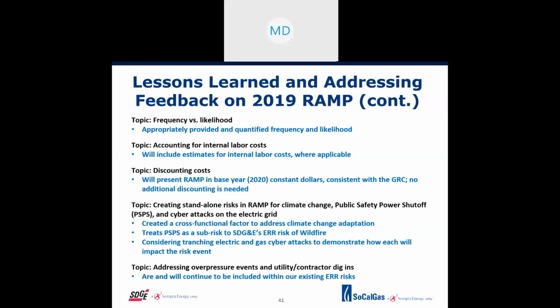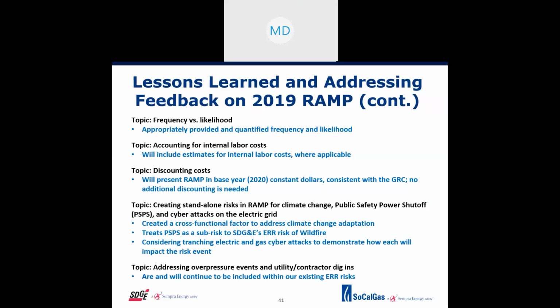This is Melinda Dickinson from Protect Our Communities, and I think I've made this point already, but just to be clear, regarding the cross-functional factor to address climate change adaptation, I'm assuming that the climate change issue is something that you're attempting to address from Protect Our Communities comments in the prior RAMP proceeding.